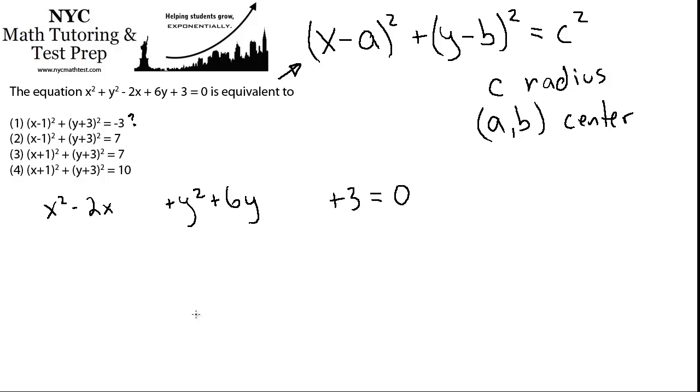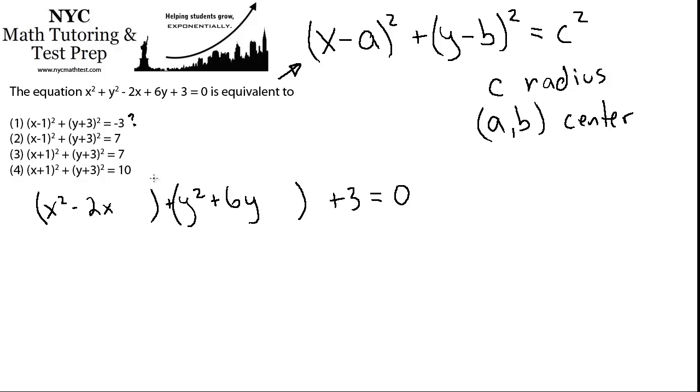Okay, now why did I leave those spaces? I want you to imagine that we have to get these into a binomial squared for both the x and the y. So can you imagine that we would group all this together and we're going to make these trinomials that are actually a perfect square?